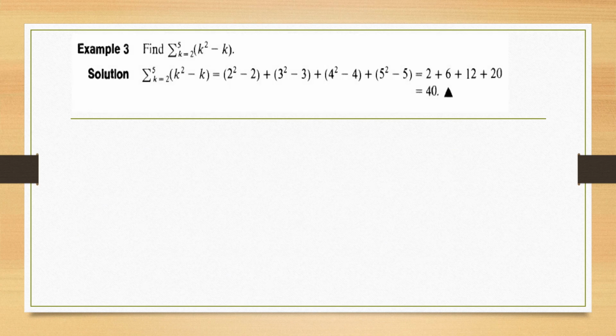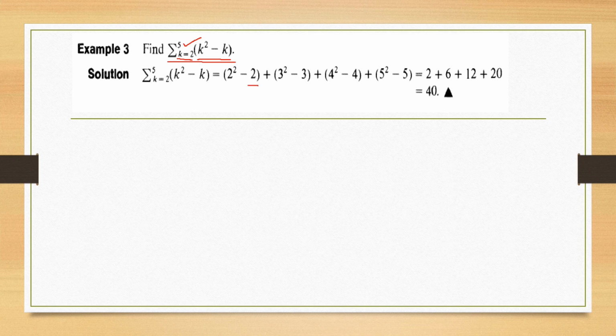Let us see an example related to the summation. In this example, it is said to find this summation. We have to find the sum of the expression k square minus k, where k varies from 2 to 5. k will be 2 at first stage.